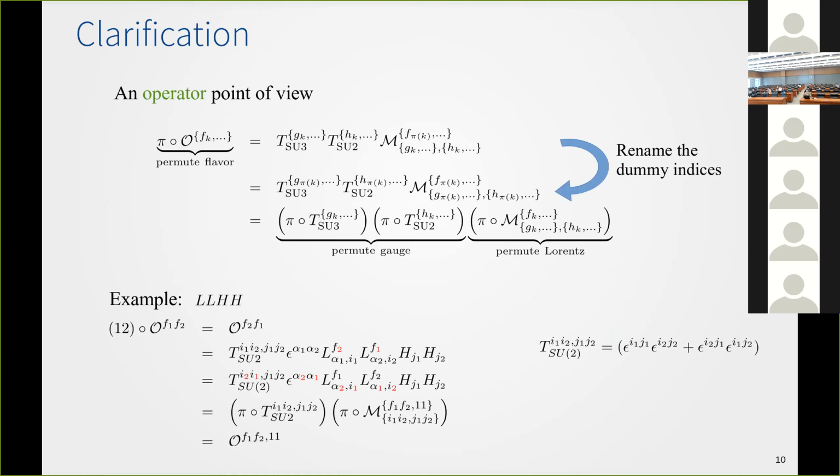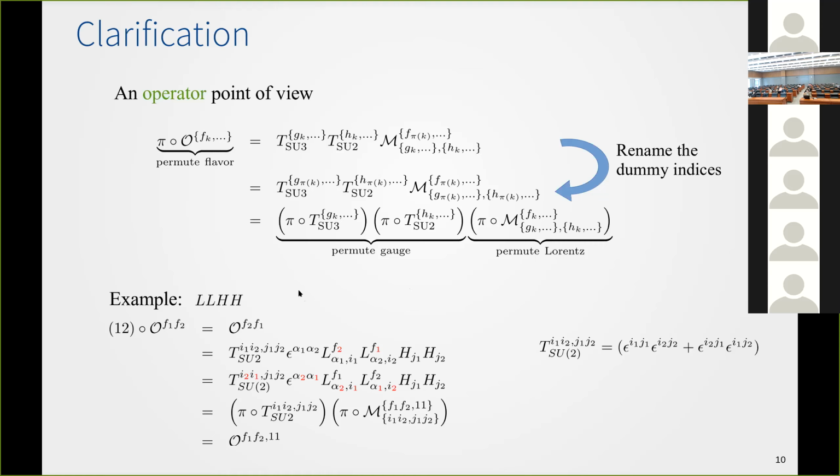Let's start with an observation. If you permute the flavor indices of the repeated fields in an operator, then by renaming the dummy indices of the gauge and the Lorentz parts, one can find that the effect of permuting the flavor indices is equivalent to simultaneously permuting the indices in the gauge and the Lorentz parts.